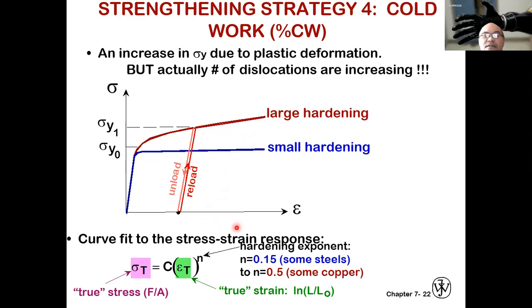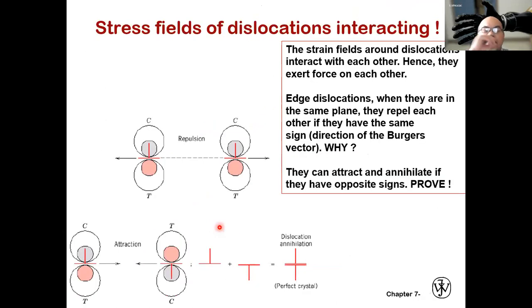The curve fit to the stress strain response is the true stress, sigma T equals C times epsilon T to the power N. Stress field of dislocation: the strain fields around a dislocation interact with each other, hence they exert force on each other.